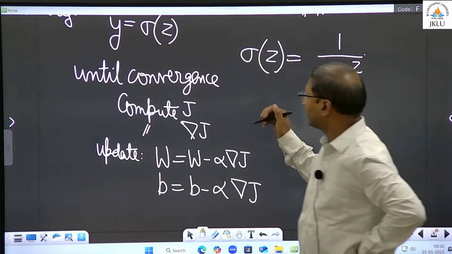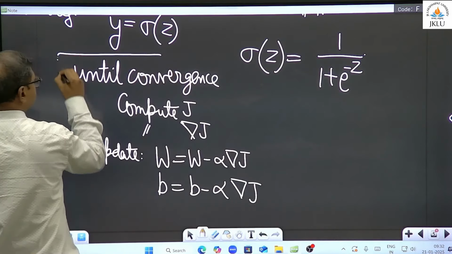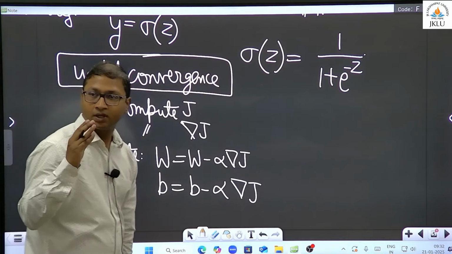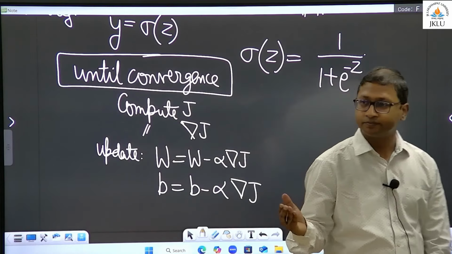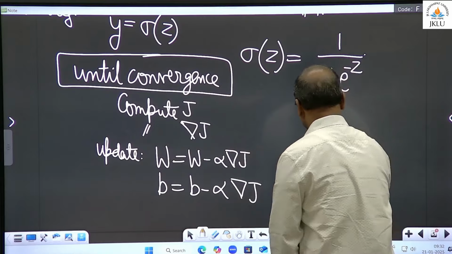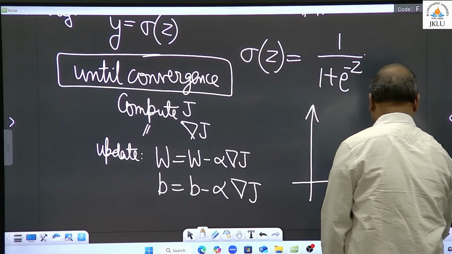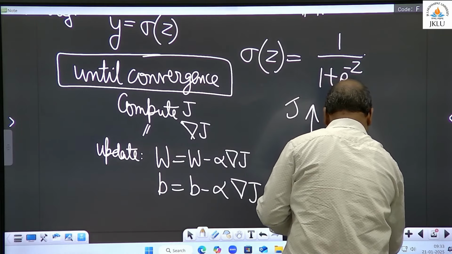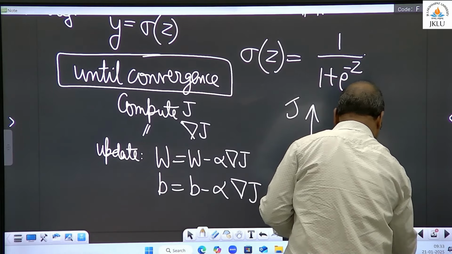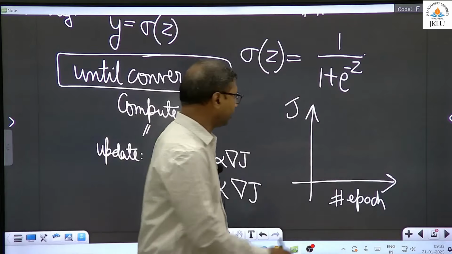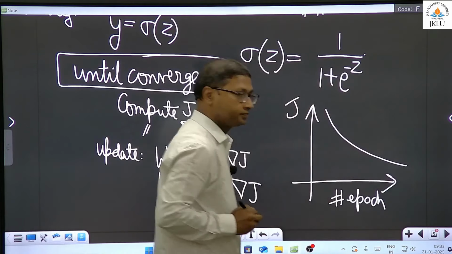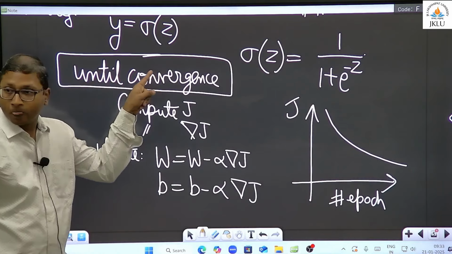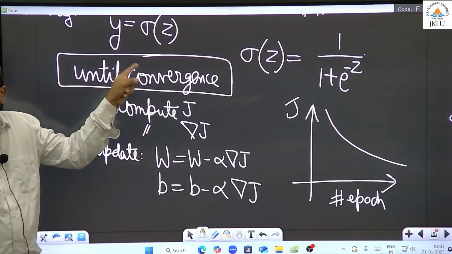So how do I get rid of this until convergence? Take some epsilon value, right? And then I had said that the most important graph in machine learning is this one, and you want this kind of behavior. So if this were a loop, how would you implement this?